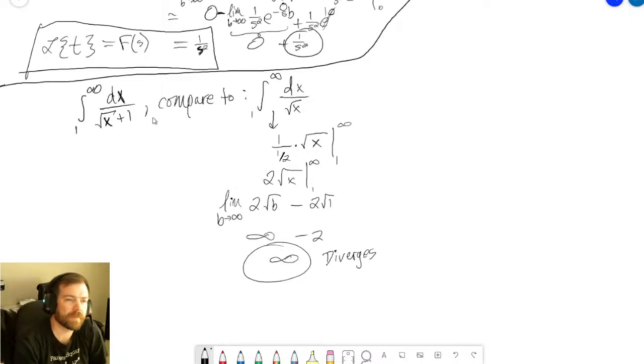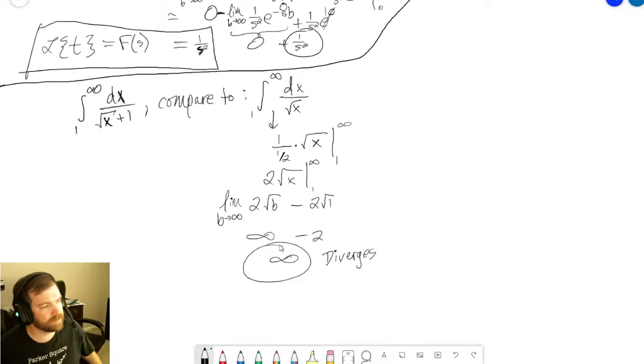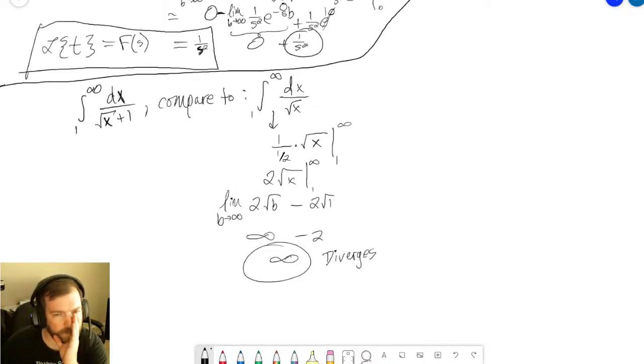However, this thing here is smaller than the original. How much smaller? Well, not by a whole lot, because the denominator is just going to be plus 1. However, we can't actually prove that the original one here will converge or diverge.